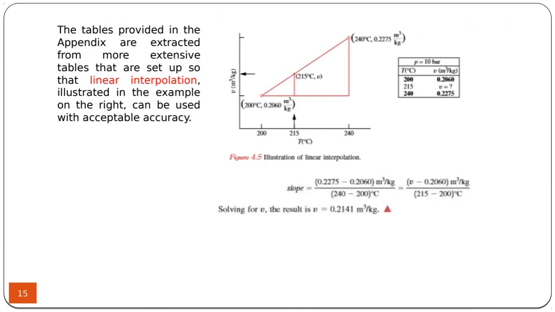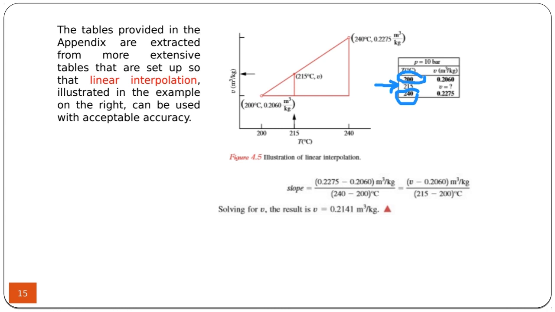When you take a look at the table, you may see a situation where the table has, for instance, 200 and 240, but you are interested in finding the value for 215. So you need to find the value which is in between the table values of 200 and 240.